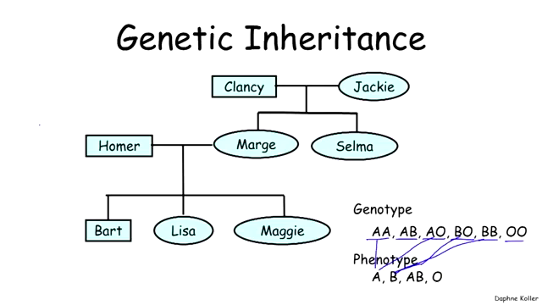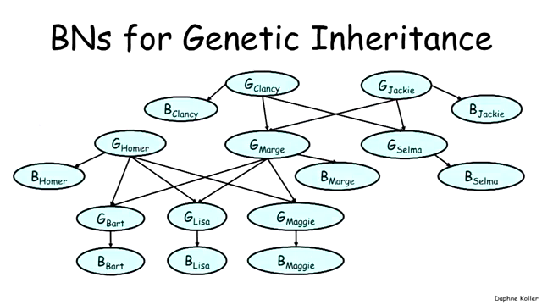So how do we model genetic inheritance in a Bayesian network? Here is a little Bayesian network for genetic inheritance. We can see that for each individual, say Marge, we have a genotype variable which takes on one of the 6 values that we saw before, and that the phenotype, in this case the blood type, depends only on the person's genotype.